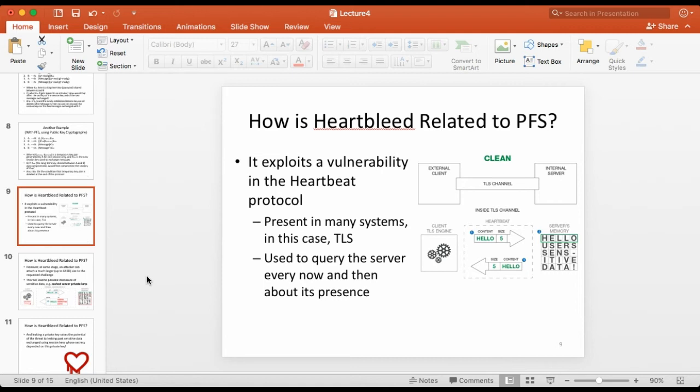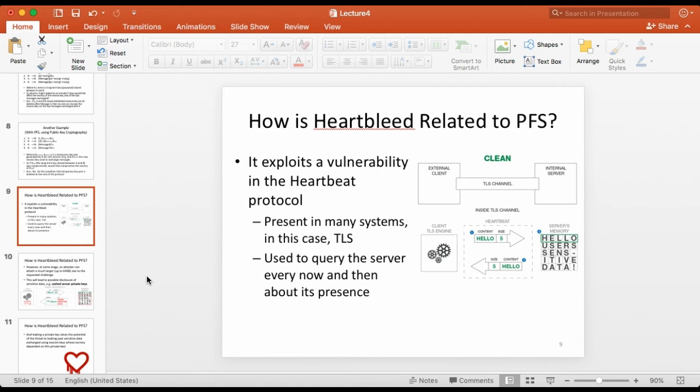Okay, so in order for us to understand what the Heartbleed bug was, we first need to understand what the Heartbeat protocol is. The bug happens because of the Heartbeat protocol.